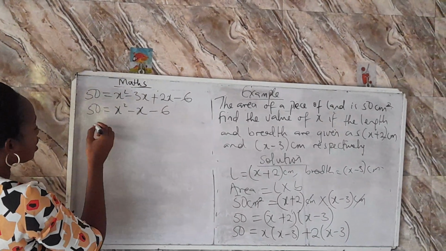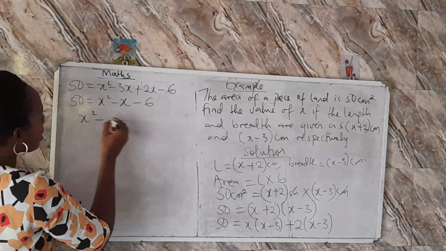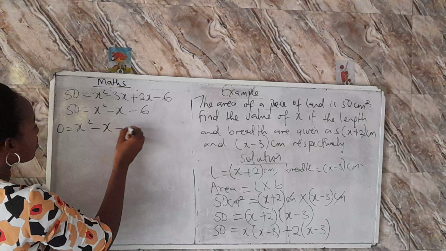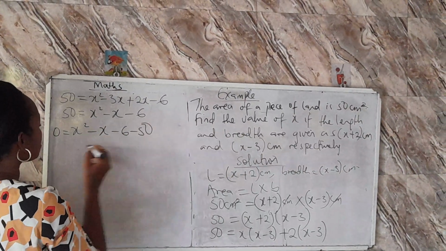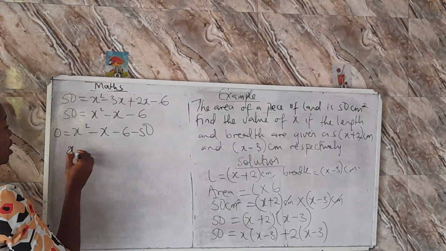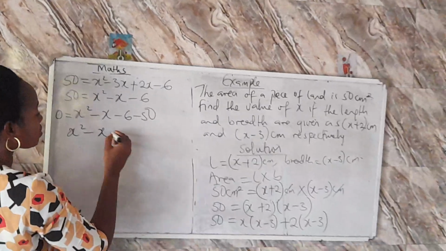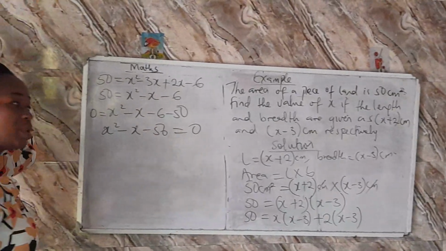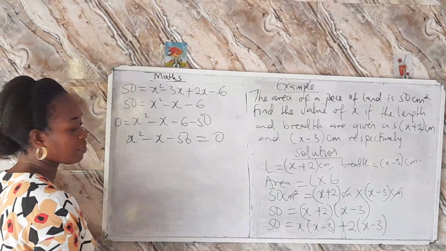Of course we collect the like terms. So x squared minus 0 equals x squared minus x minus 6 minus 50. This will be x squared minus x minus 56 equals 0. So we factorize.